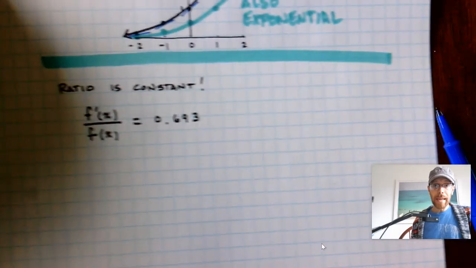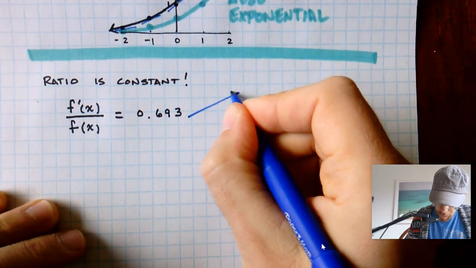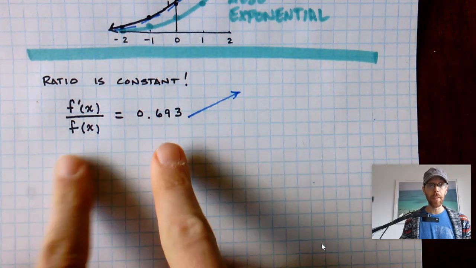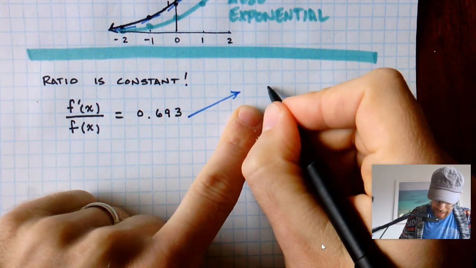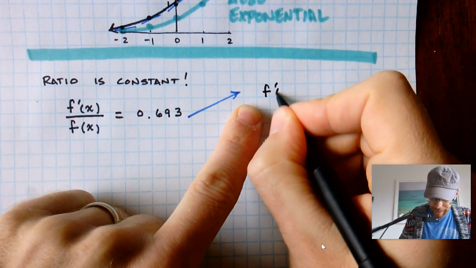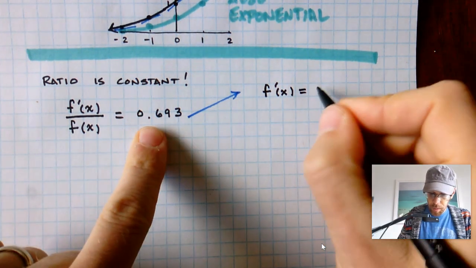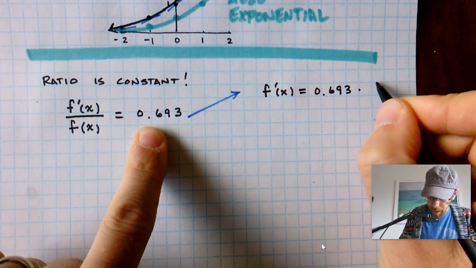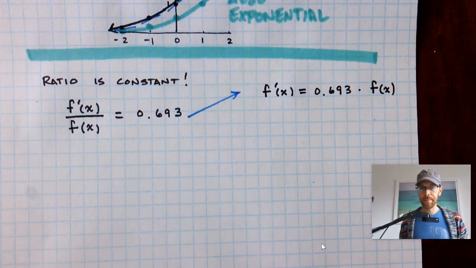And what that means, I'm going to do just a little bit of algebra here, is that if we take both sides of this proportion and multiply by f of x, we get that the rate function, the thing we're trying to cook up, is equal to 0.693 multiplied by the original function.